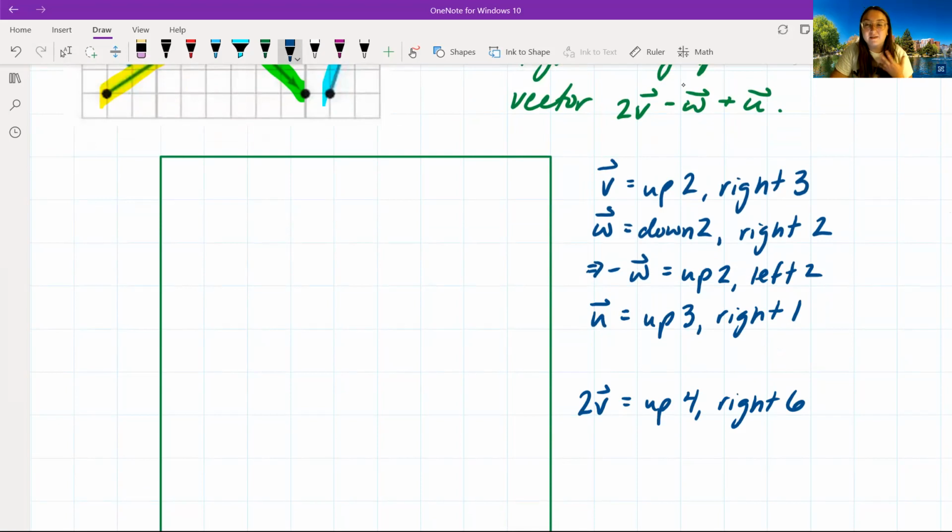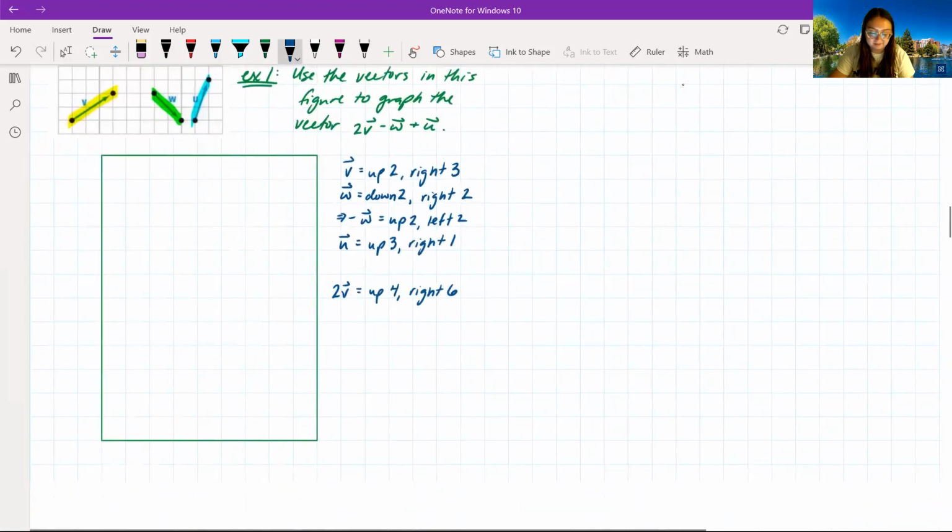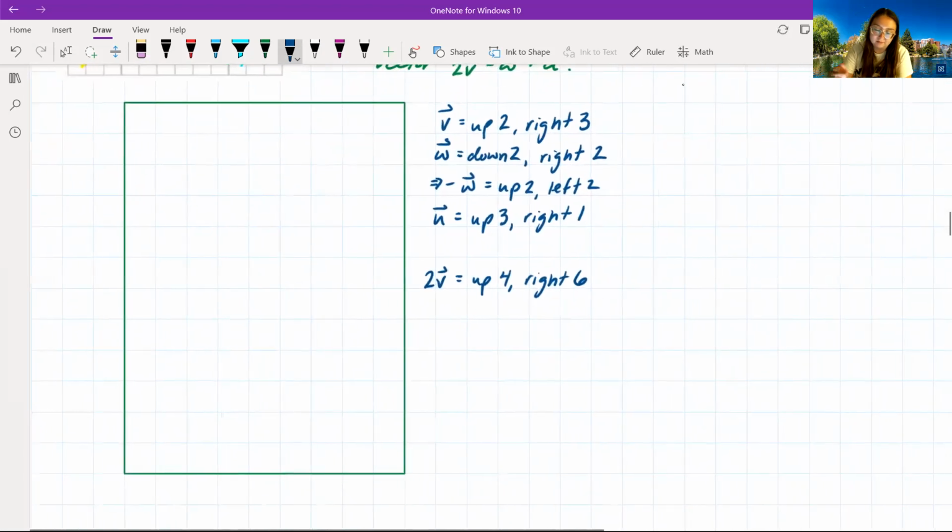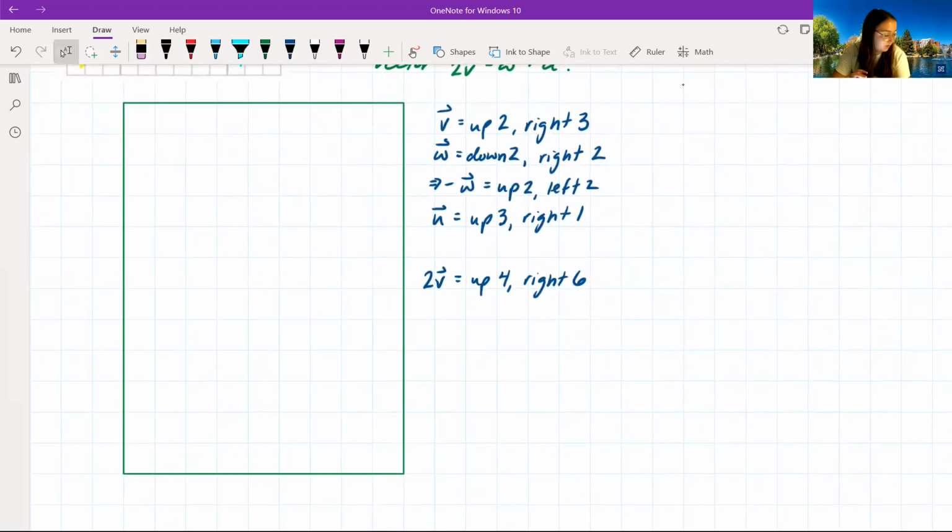So here we have the direction and magnitude of each one of our different vectors, and we just want to plot them in our box here. So let's start about right here. This is going to be the initial point of 2v.